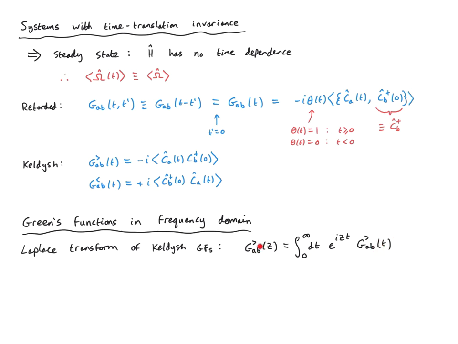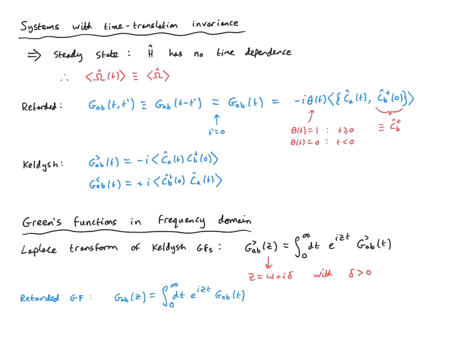I've written this one down explicitly for G greater, but this exact same equation also holds for G lesser. Here, the complex variable z is defined as omega plus i delta, where omega and delta are pure real, and delta in particular is greater than 0 by definition.